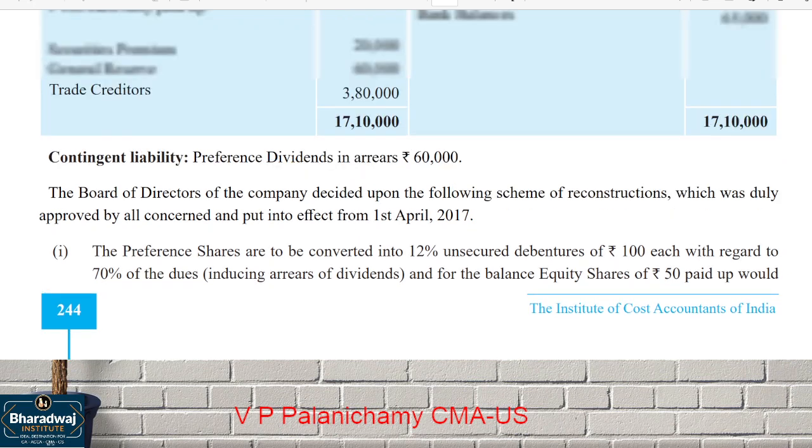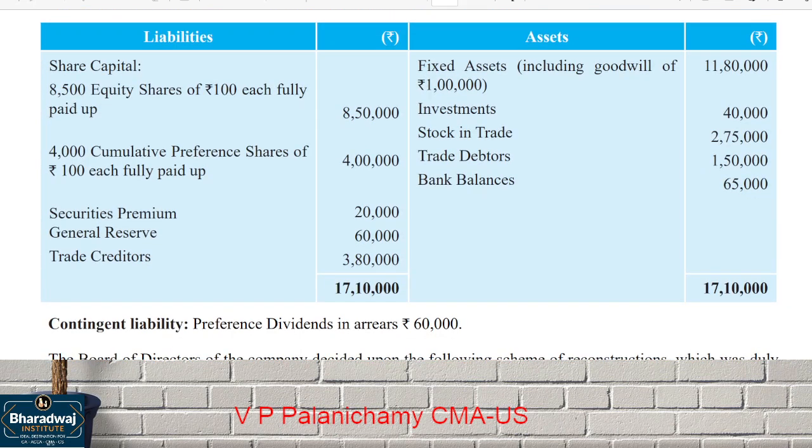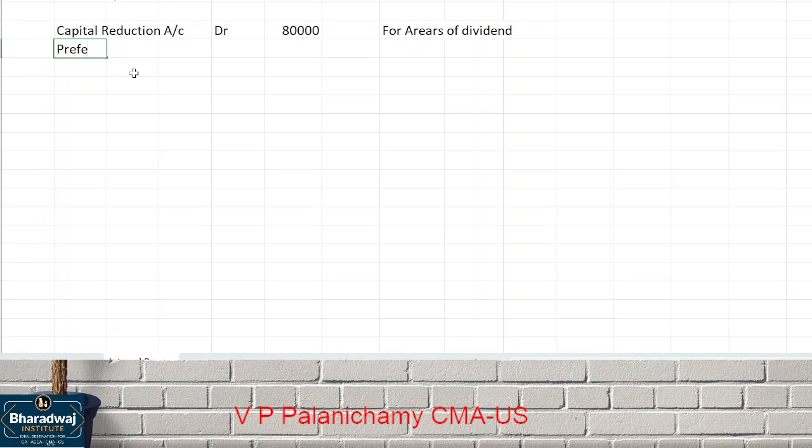What is the old preference share capital? What are we giving for them? Maybe in the material I am not seeing the solution.